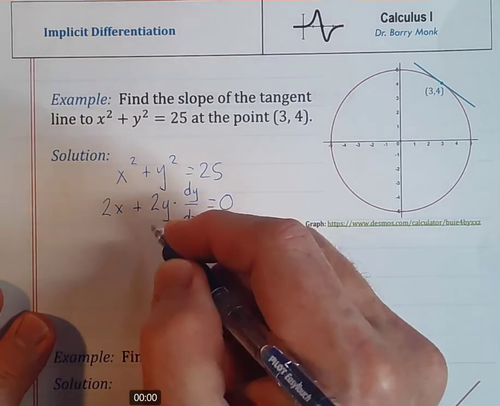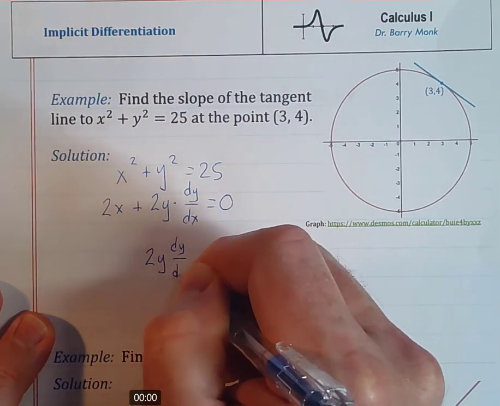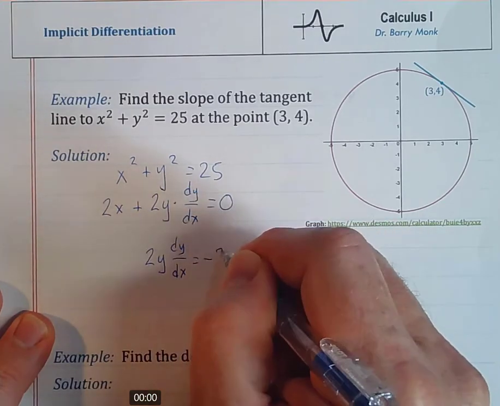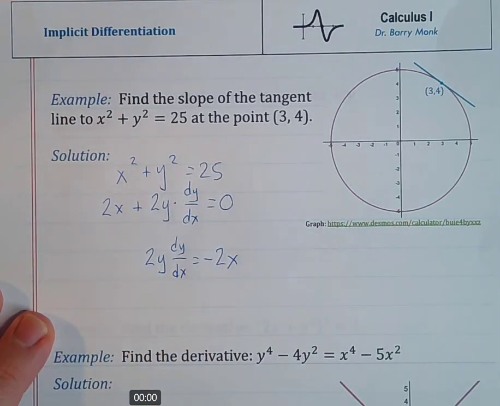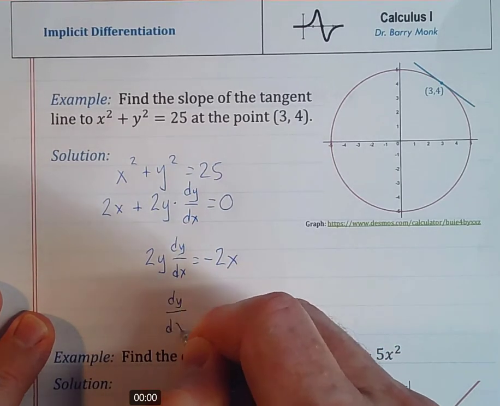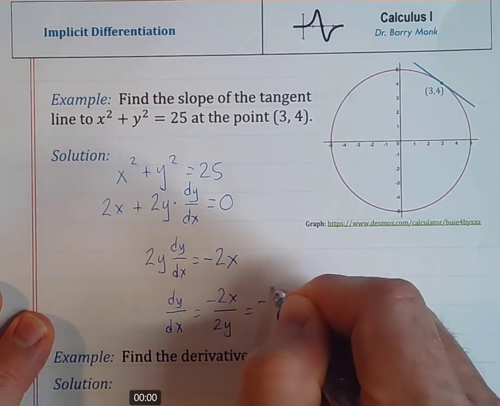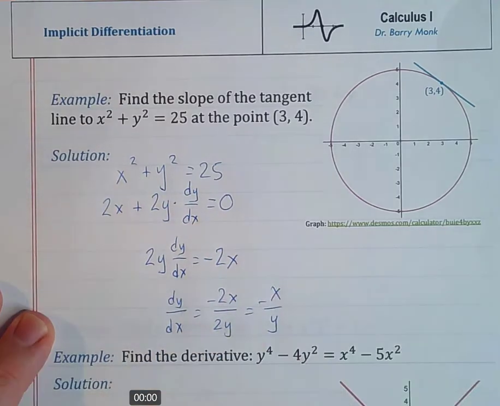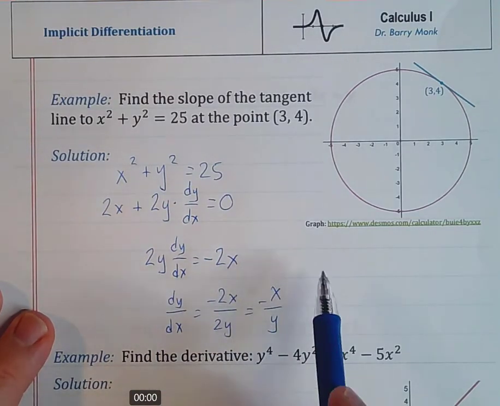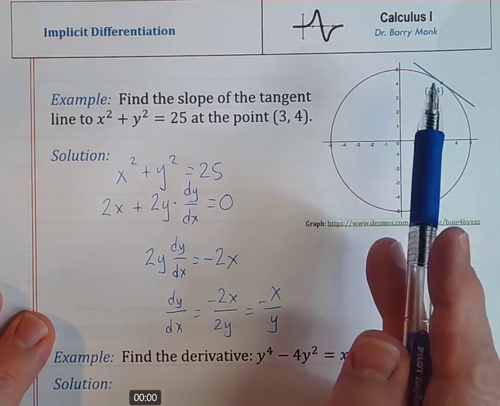And on the right-hand side, I get 0. So if I now subtract 2x from both sides, then I end up with a negative 2x on the right-hand side. Divide both sides by 2y. I get negative x over y. And that gives me a formula for the slope of this tangent line up here.